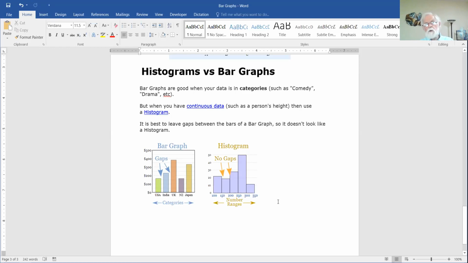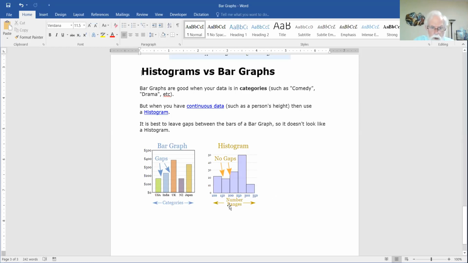We saw a plot of birth weights of babies. And birth weights of babies, generally speaking, are going to be in a fairly narrow range, but they can be any value within that range.